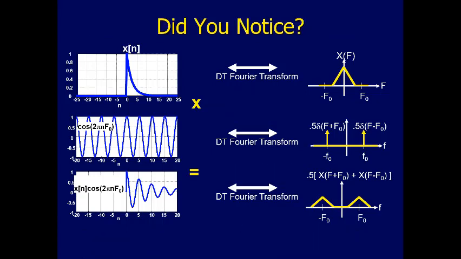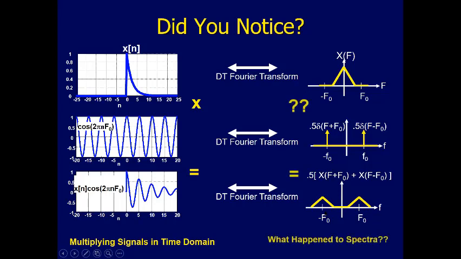Now, important to notice, we did multiplication in the time domain, but if we look at these different signals in the frequency domain that were going on simultaneously, we took this spectrum, we applied this signal to it, and got this spectrum. Hopefully you would recognize that what happened here, if I think operationally, is this function was convolved with each of these two impulses to create these two copies.